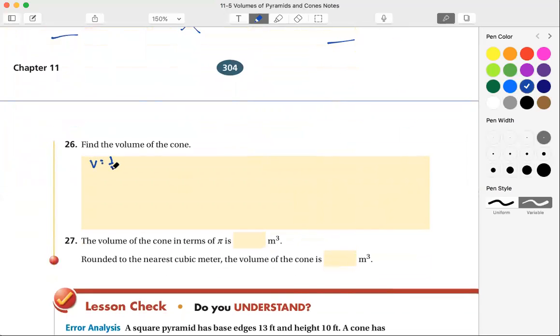V equals 1/3 pi r squared h. So we have 1/3 pi 6 squared times 12, which equals 144 pi, which is approximately equal to 452.3893421. So the volume is about 144 pi, or rounded 452 meters cubed.